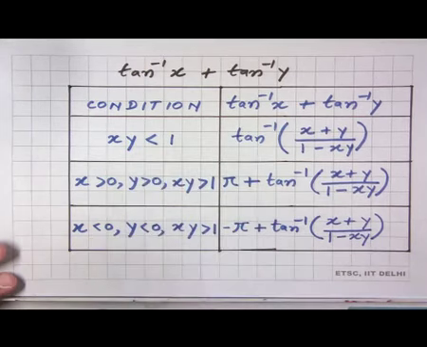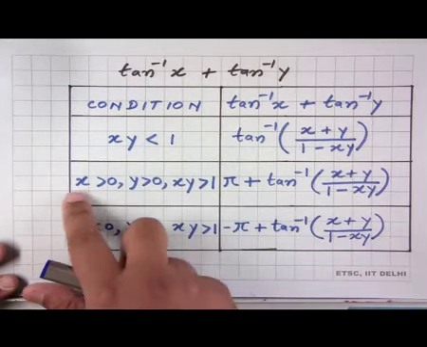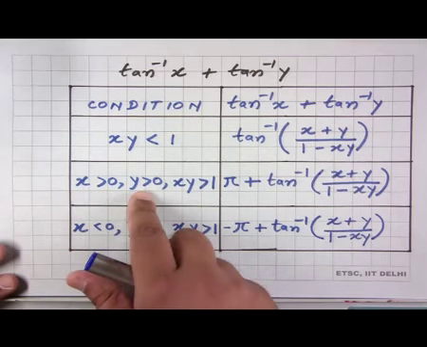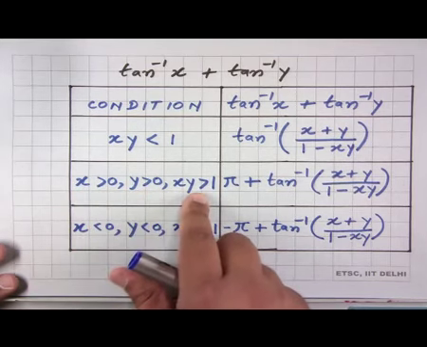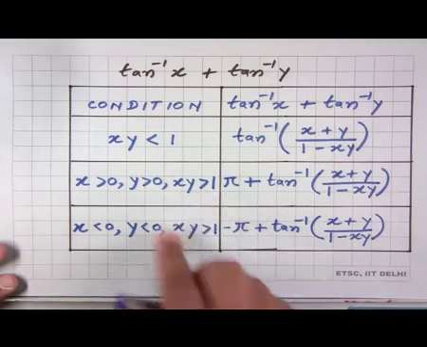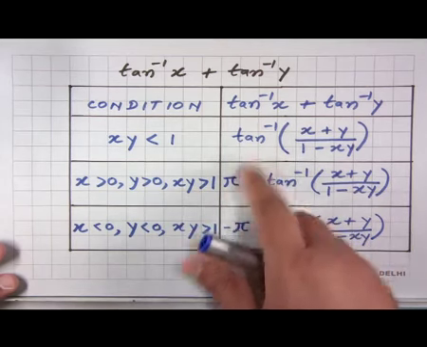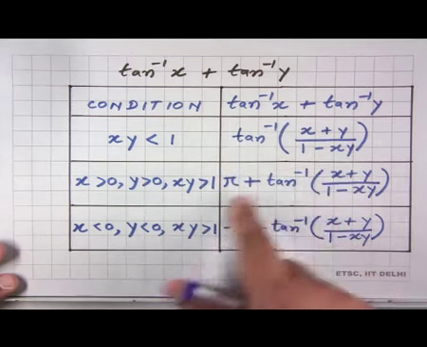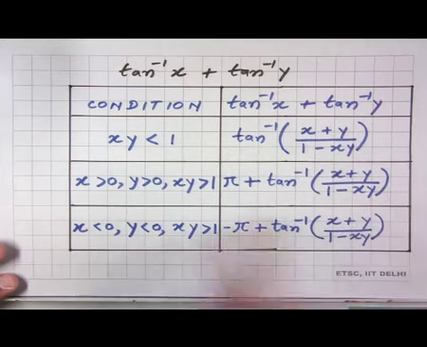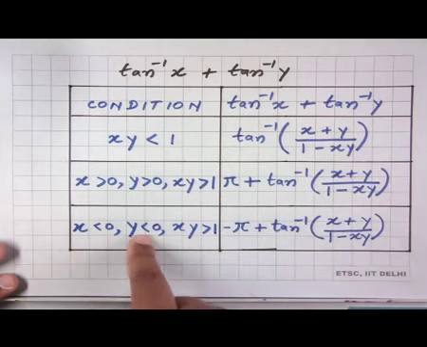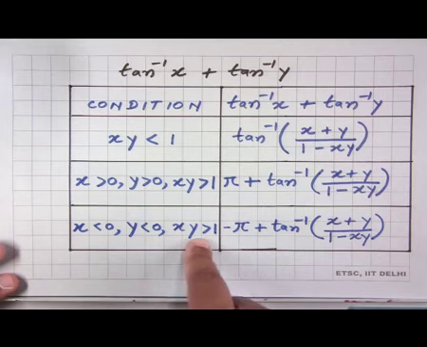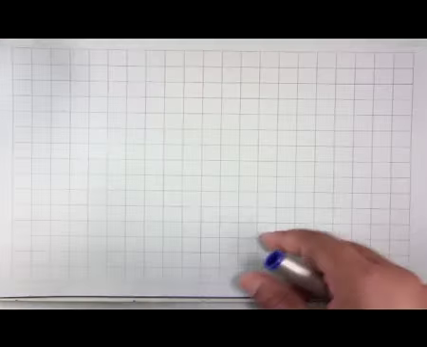For the other cases, if both x and y are positive and xy is greater than 1, we will have to add a pi to this expression. On the other hand, if both x and y are negative, but the product is still greater than 1, we add a minus pi.